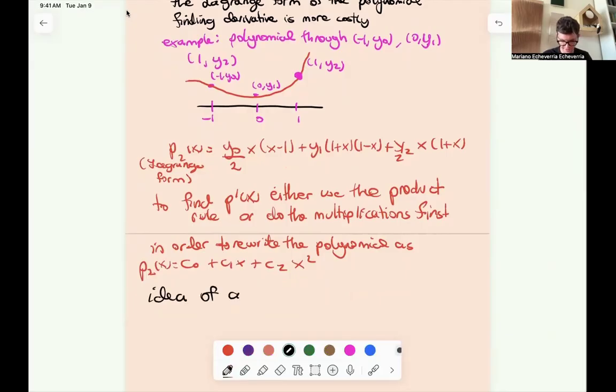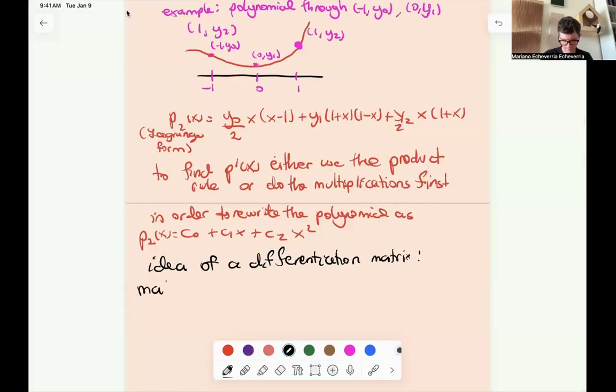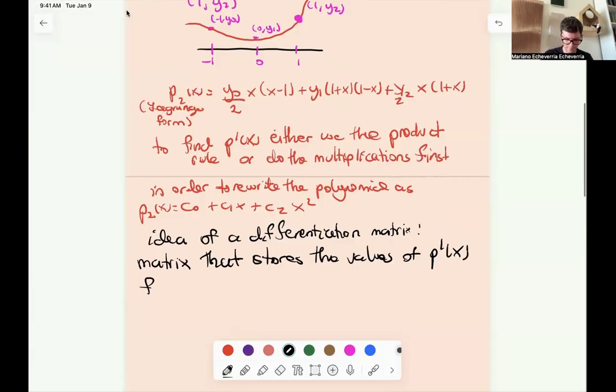So the idea of a differentiation matrix: it will be a matrix that stores the values of p prime of x for certain values of x.